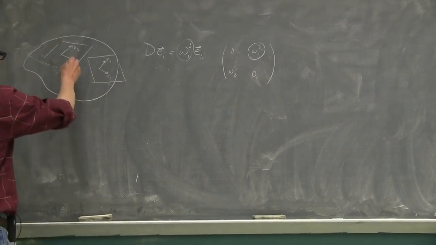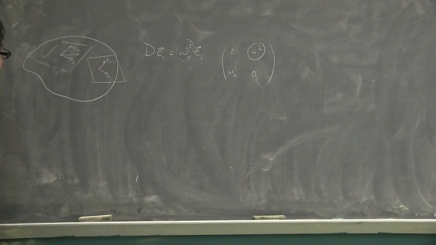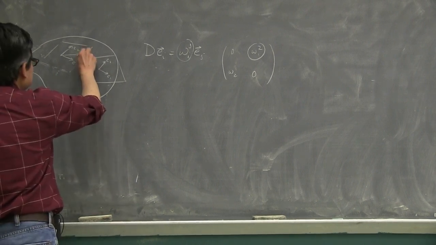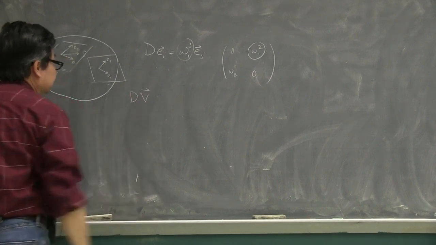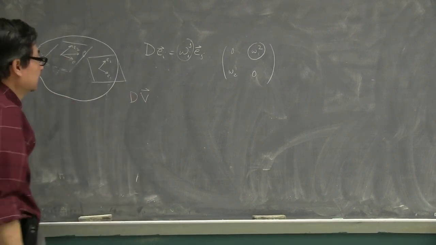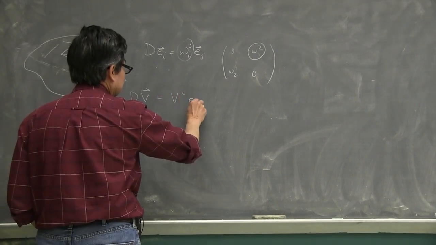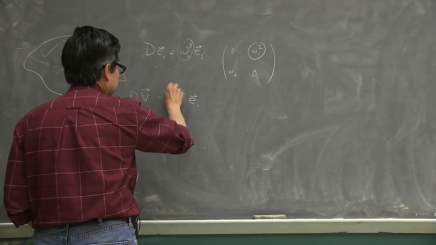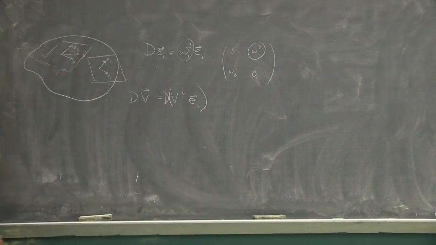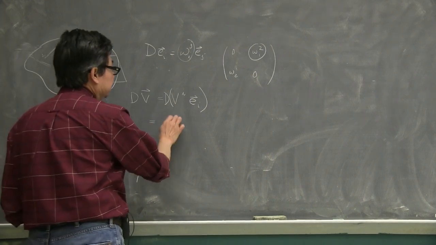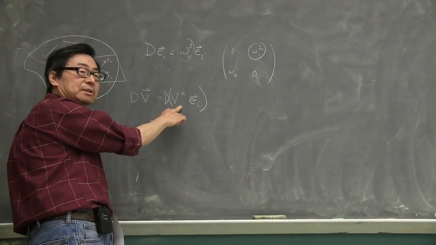Now, supposing that I have a vector in here. The question is, what is the covariant derivative of that vector? Supposing that I write that vector in terms of components, v^i e_i, like that. Then what is the covariant derivative of that vector? And the rule is very simple. v^i is not a vector, it's just a number, being a component of a vector.